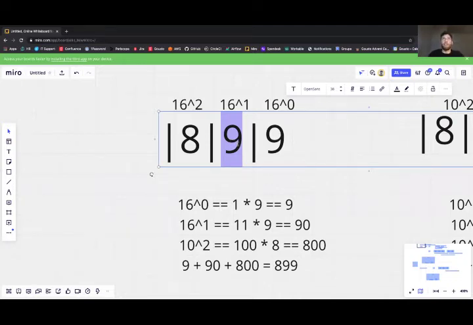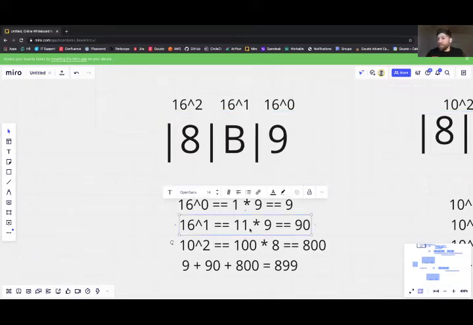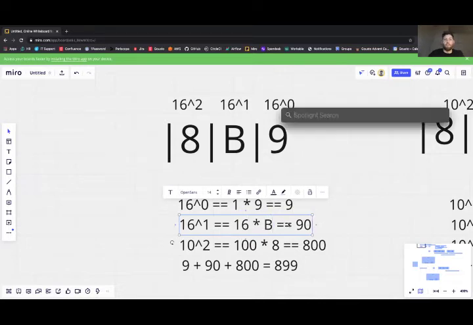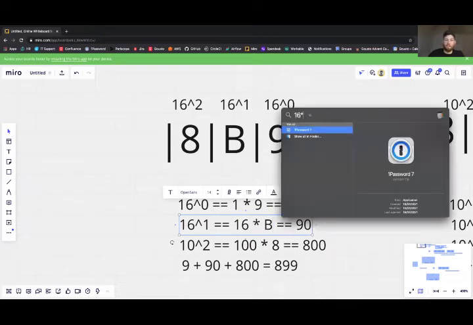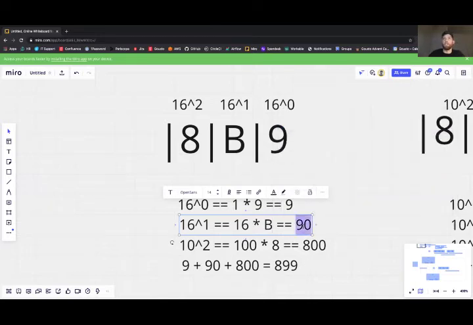So 10 would be A, and 11 would be B. If you've ever seen a hexadecimal number, you'll start to recognize this. So B represents 11. So let's say 16 times B. 16 times 11 is 176.